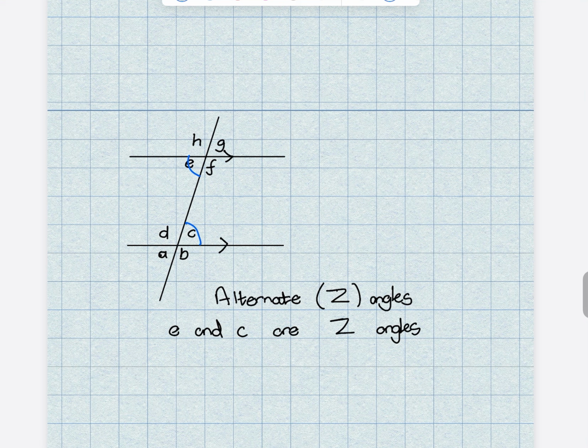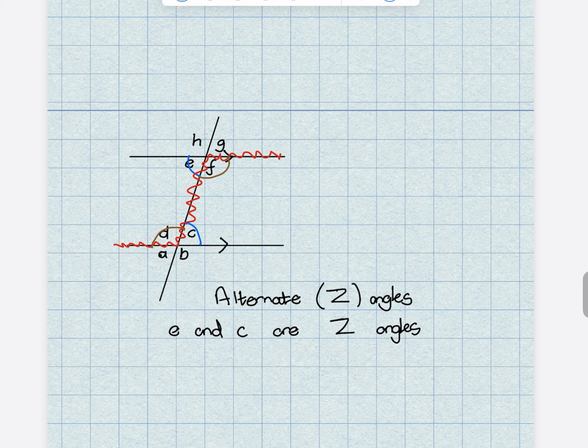If you notice, maybe let me use a zigzag like this one, like that. Right. The difference here is the Z has somehow flipped. It has flipped. So we are saying that angle F is forming a zigzag with angle D. Right.